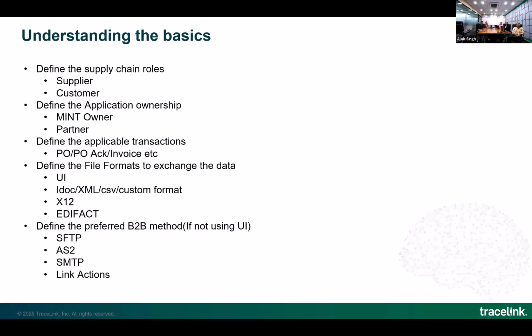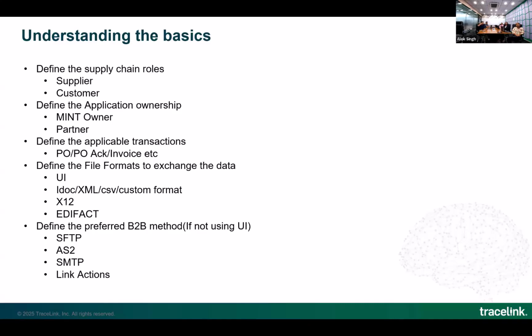But before we get into the configuration part, we'll start with some of the basics. When we want to configure our system to enable the external manufacturing orchestration, which involves a certain set of transactions, what are the supply chain rules that are involved, and what are those entities which are acting as supplier or customers?